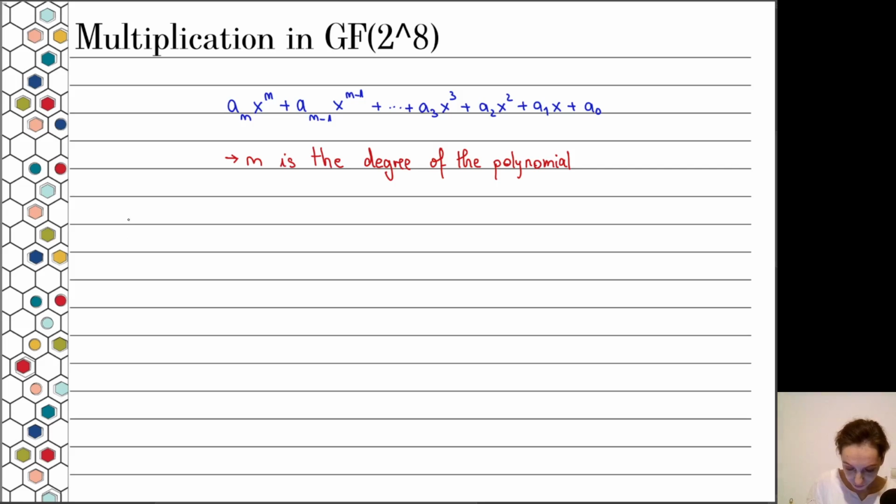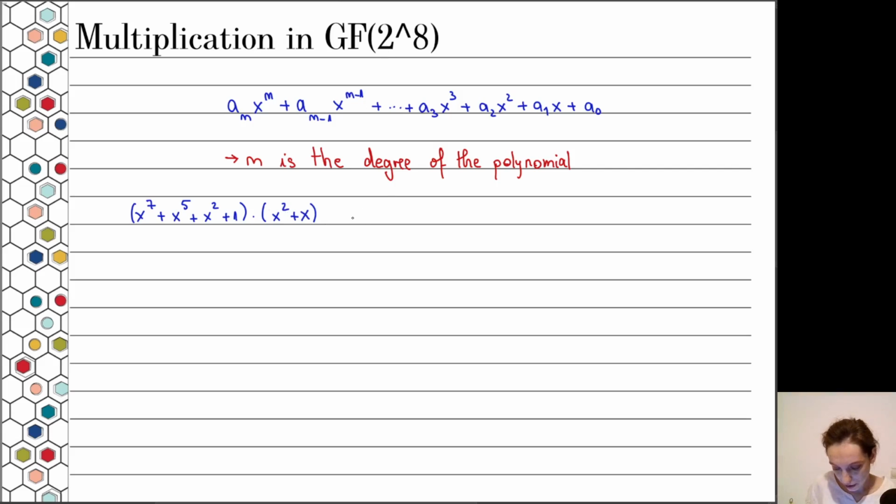So we will have two polynomials, for example x powered by 7 plus x to the power of 5 plus x to the power of 2 plus 1 times x powered by 2 plus x, and we want to evaluate this multiplication in this field.